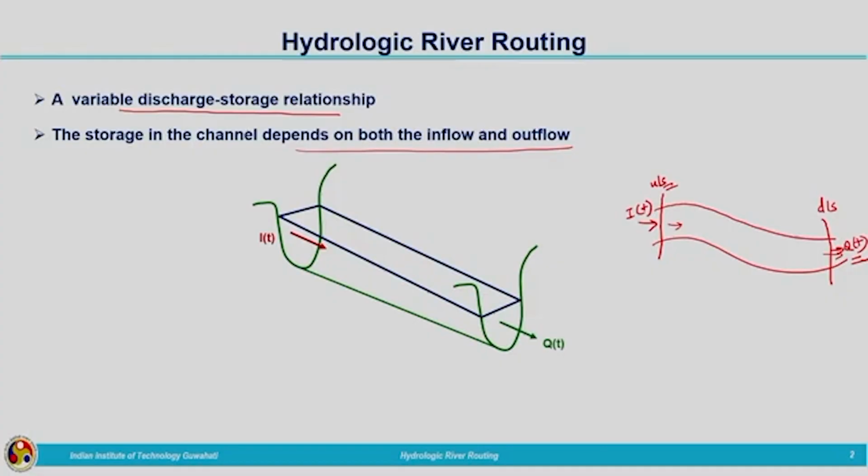As it passes from upstream to downstream, changes take place in the flow characteristics. Based on that, the stream flow or the outflow hydrograph at the downstream section needs to be determined by making use of river flow routing.